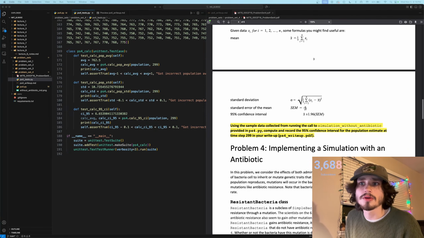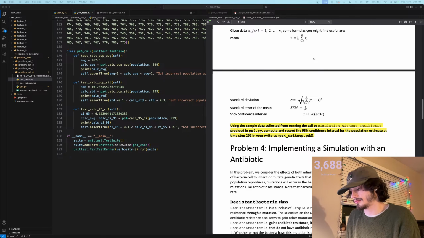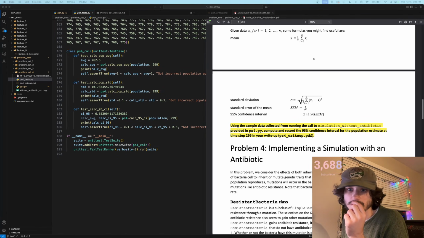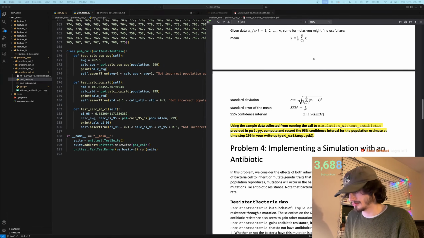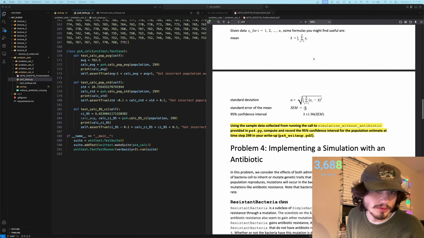No. Background dash color. That didn't work either.